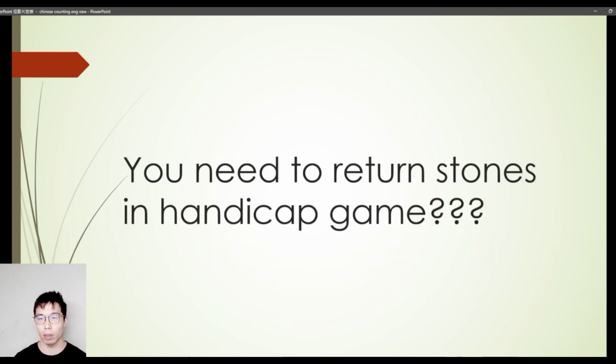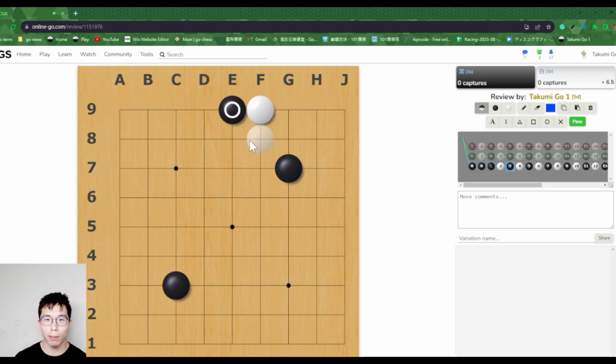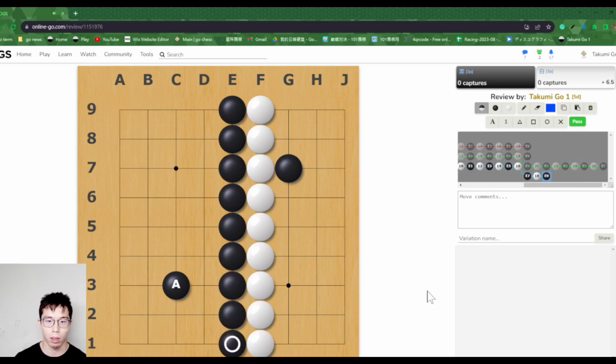And then, actually, you need to return stones in handicap games. You will understand it very easily after I explain it. In a handicap game, for example, black has 2 stones here, and then white starts to play the game. Now they play the game in the same way. We could find that it's the same as the previous result.